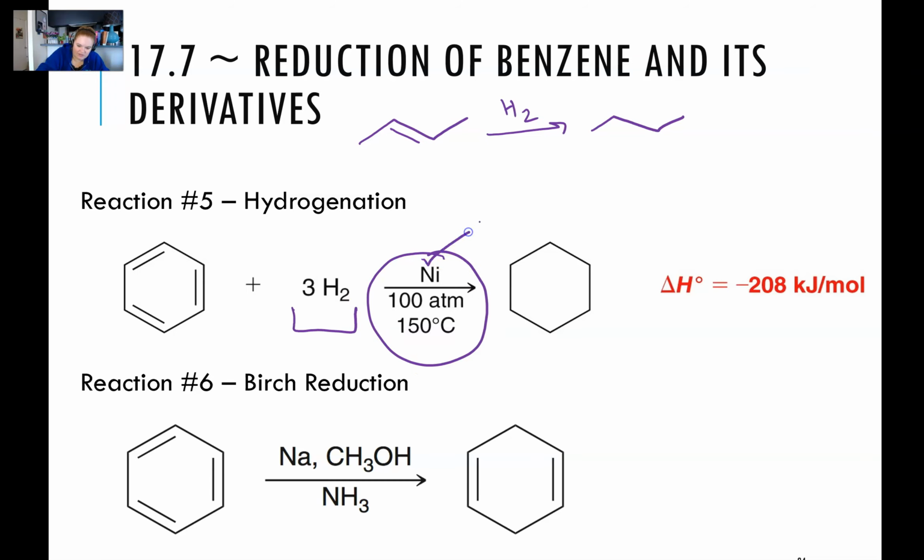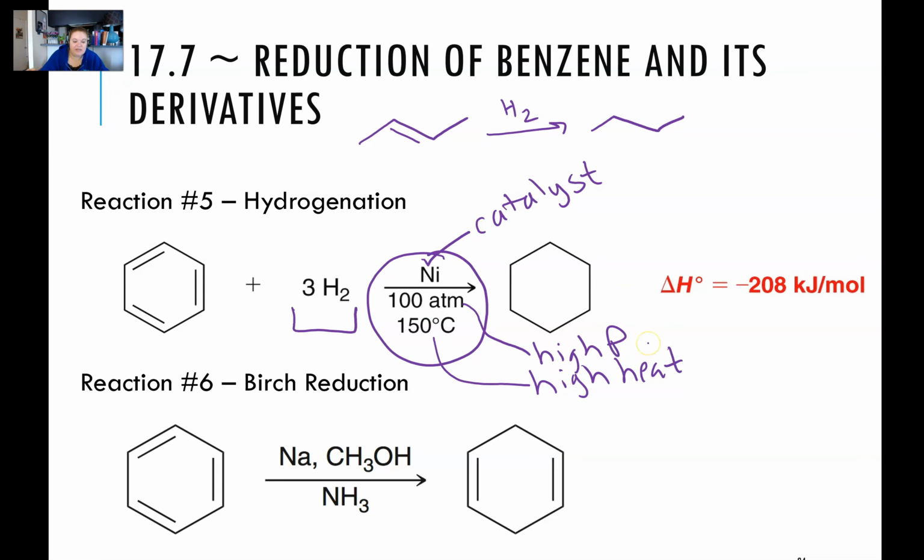The nickel is our catalyst. 100 atmospheres, that's just a really high pressure. And then 150 Celsius, so very high heat. So this is not a great reaction because it requires so much heat and so much pressure that generally with reactions like that, we're not going to get very good yields.